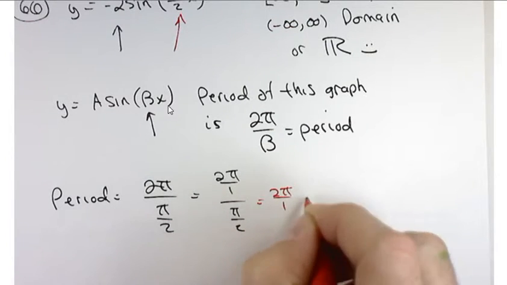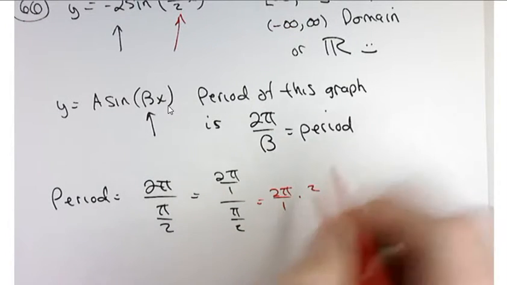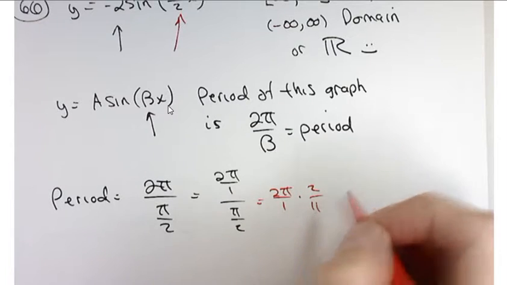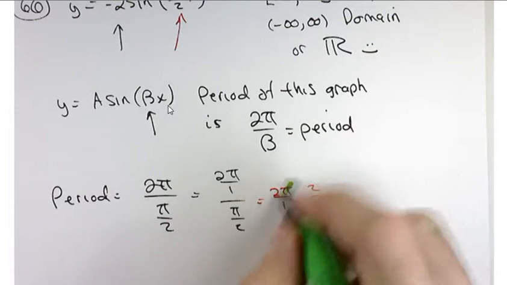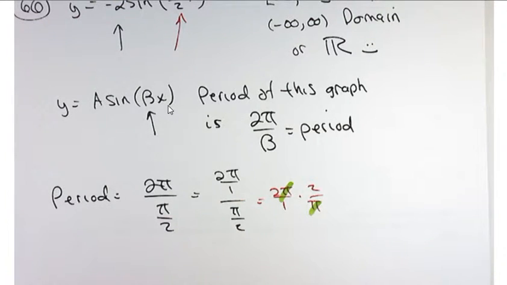So 2 pi over 1 times 2 over pi. You're going to get some nice cancellation here. Units of pi cancels itself out. Do the 2's cancel out? No. So you should see a period of 4. That is, you should be able to start out at the origin and move 4 units to the right, and the graph should be starting to repeat itself.